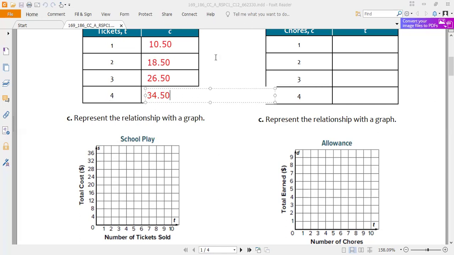Now we have the table, and using this table, like in the previous lesson, we can make the graph.